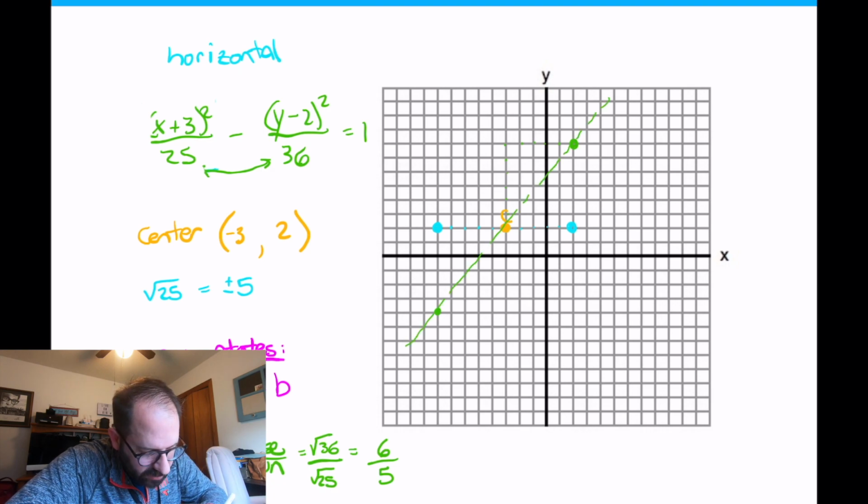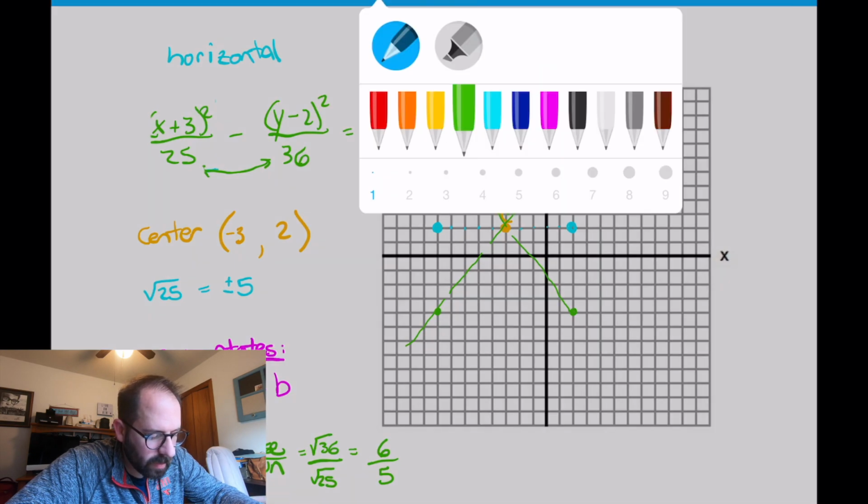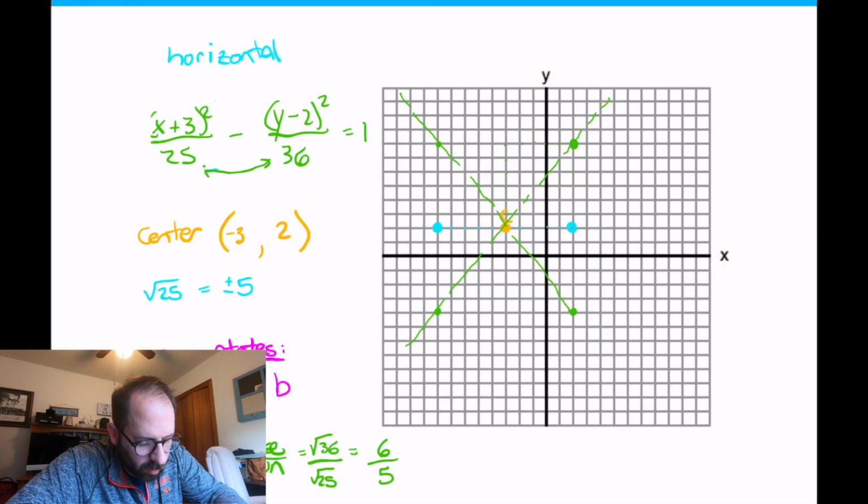I drop 6, run 5. Or go up 6 and back 5. Again, I'm using that 6 and 5 idea. And it draws two different ones, positive or negative. And now I can draw the branches. Now I can figure out where my hyperbola will go. It'll go up and hug up against this. It'll hug up against that. Same thing over here.